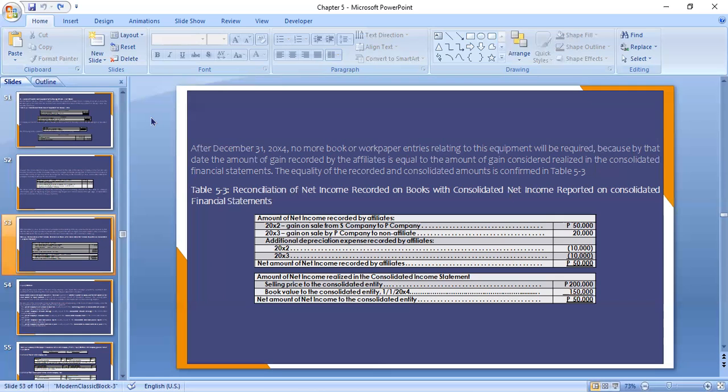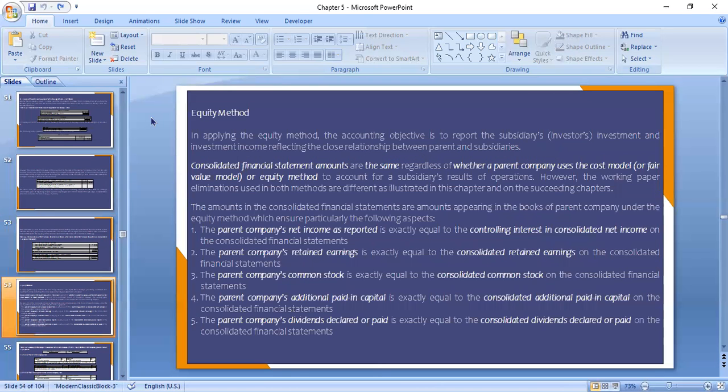So we have the net amount of net income to the consolidated entity.